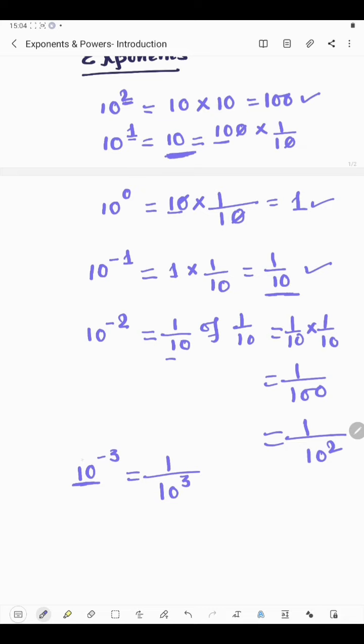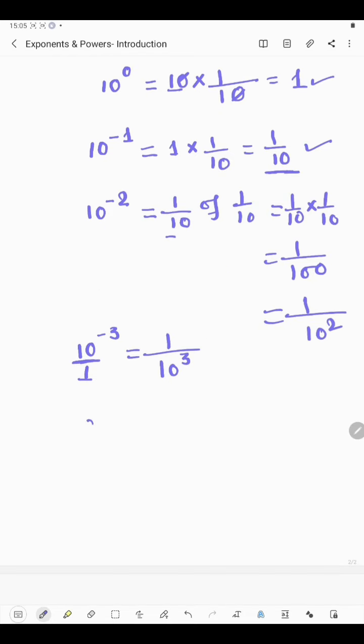So here, we have 10 as base and there is no digit in the denominator, right? Now we will just write the opposite of this. So 10 by 1 will be 1 by 10 and minus 3 will be plus 3.